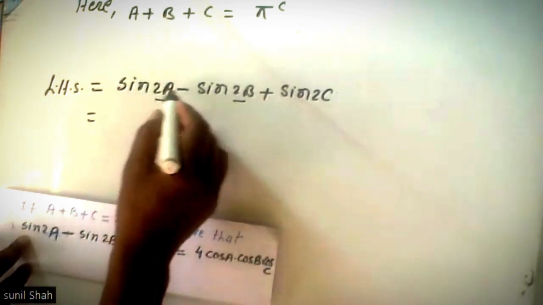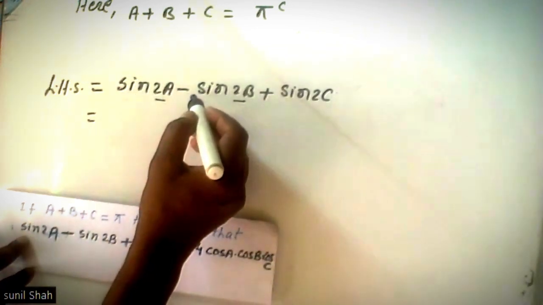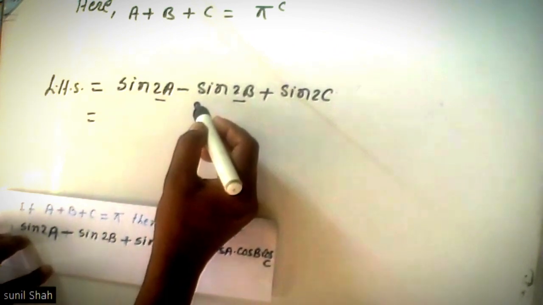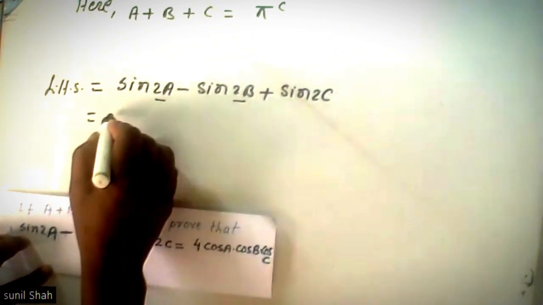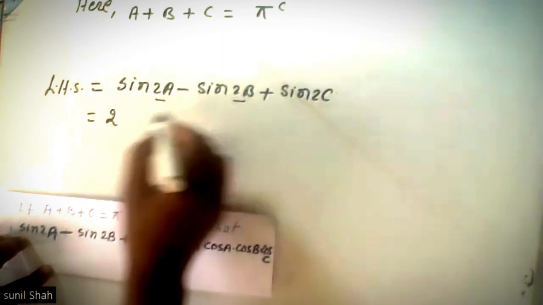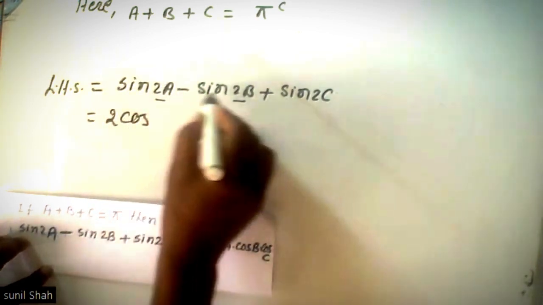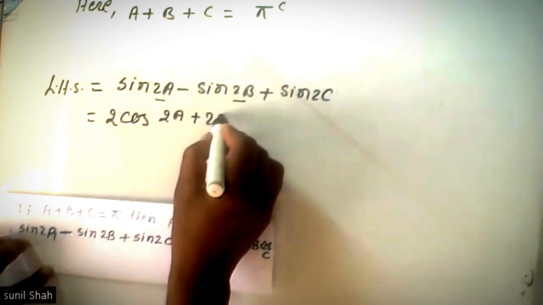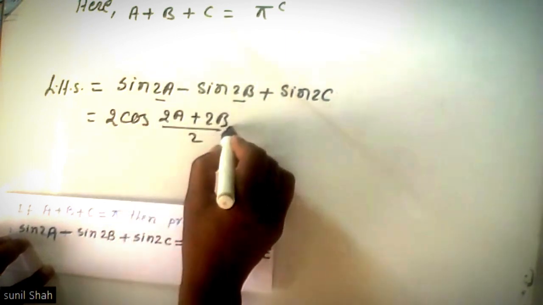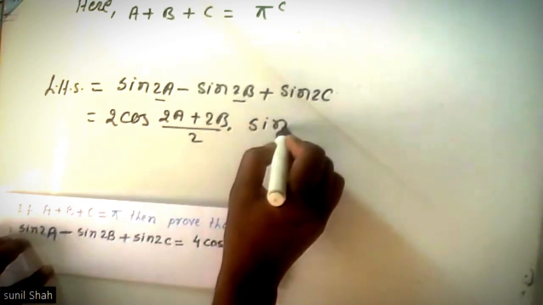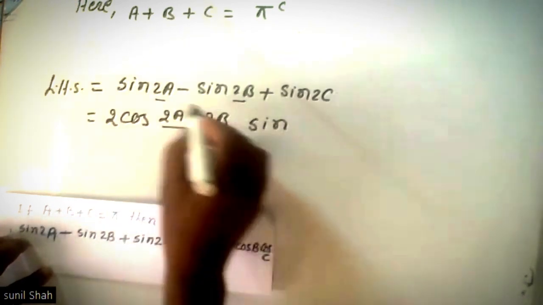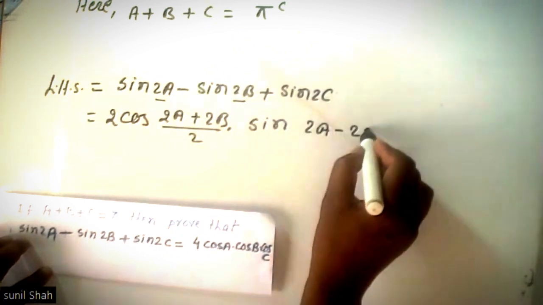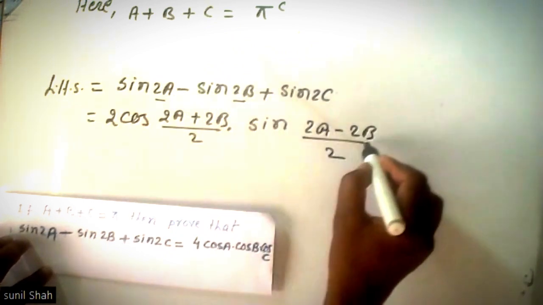What is sin c minus sin d? Sin c minus sin d is 2 cos (c plus d by 2) into sin (c minus d by 2).